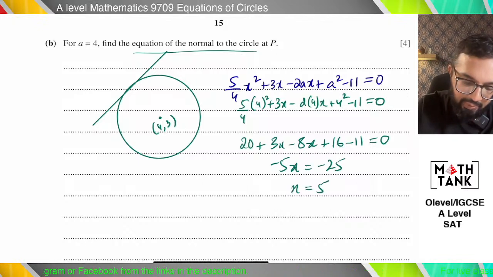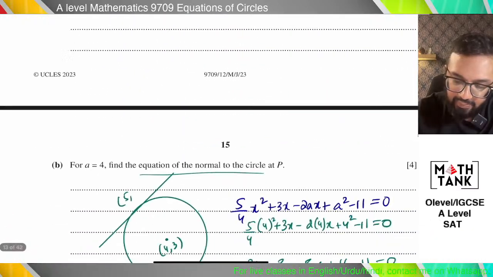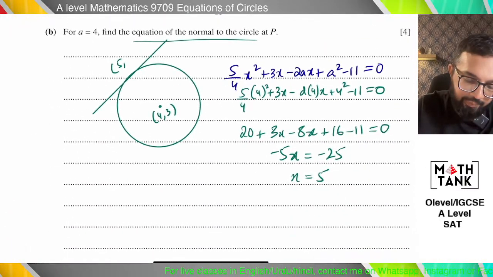So P has the coordinates 5 comma half of 5 plus 6, 8.5.